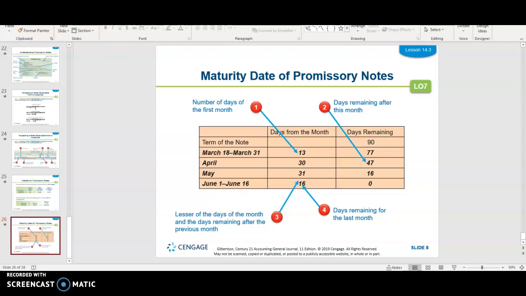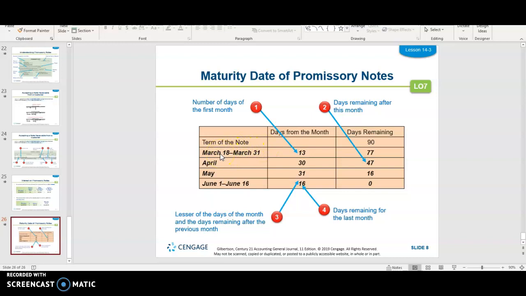All right. This is a real good way, and if you have to sketch it out on a piece of paper, I highly suggest that you do, because it's very hard to figure this out in your head unless you've got a calculator for a brain. In this particular scenario, the person had a 90-day note, and the note was taken out March 18th.